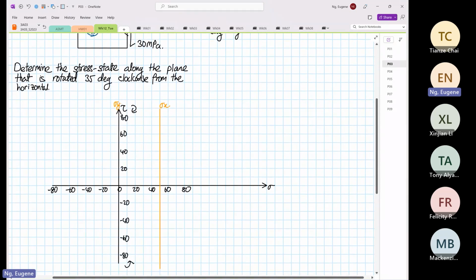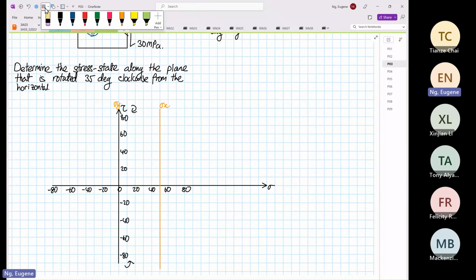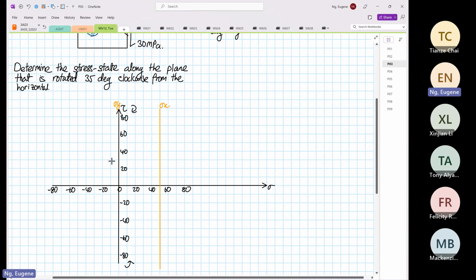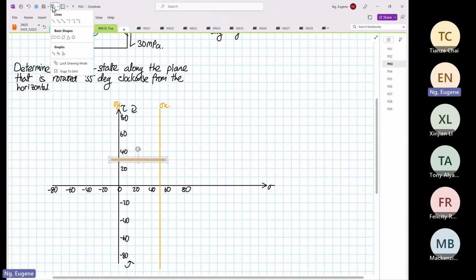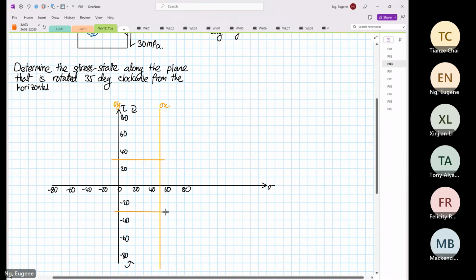Again, I understand it's negative 30, but you just have to draw positive, because the shear is dependent on the rotation, not on the magnitude. So it's 30 down here, and then there's another 30 down here.